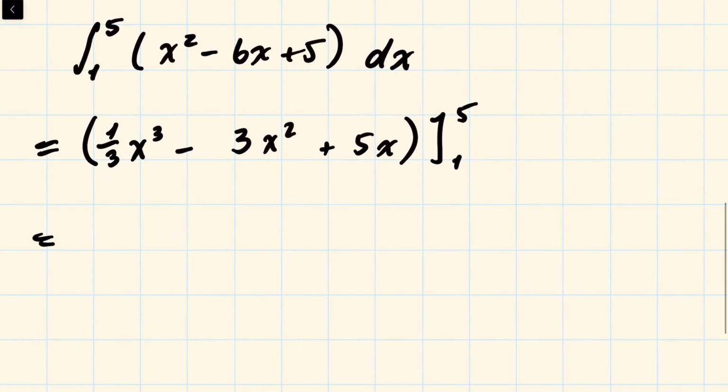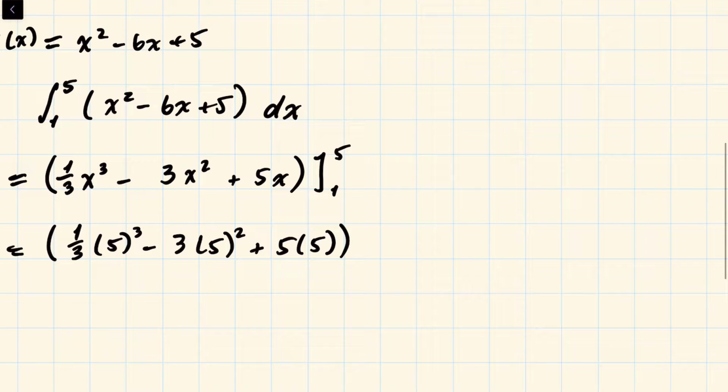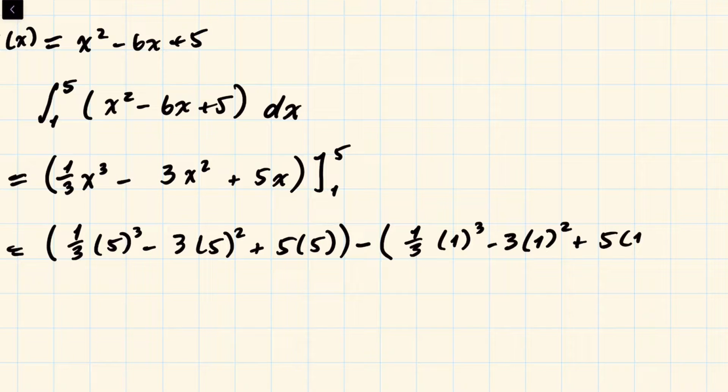So we're going to do 1/3 of 5 cubed minus 3 times 5 squared plus 5 times 5. And then we're going to subtract, since it's a difference of areas, 1/3 times 1 cubed minus 3 times 1 squared plus 5 times 1.